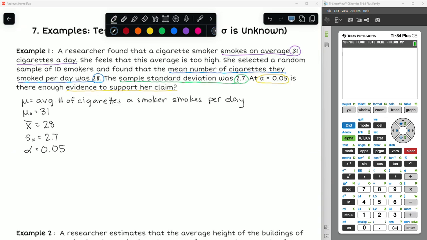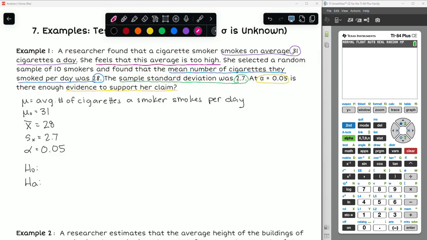My next step is to state the hypotheses and identify my claim. So I know that I need a null and an alternative. And I'm searching through that problem for some keywords or key phrases about the claim. How do we feel about that 31 cigarettes per day? And the answer is that the researcher feels that this average is too high.